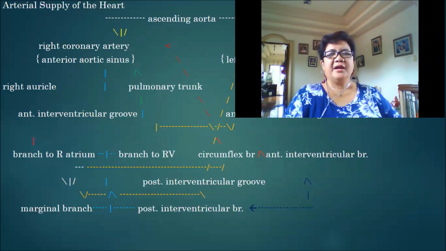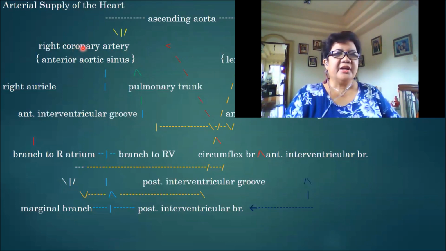So the source of the arterial supply of the heart comes from the ascending aorta. I have already mentioned to you that you have the right coronary artery and the left coronary artery, in which the right coronary artery is bigger and longer, whereas your left coronary artery is just short and will give out its terminal branches already.